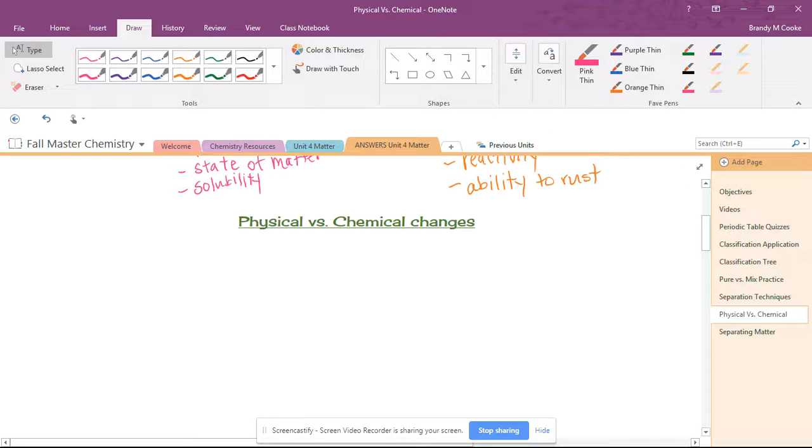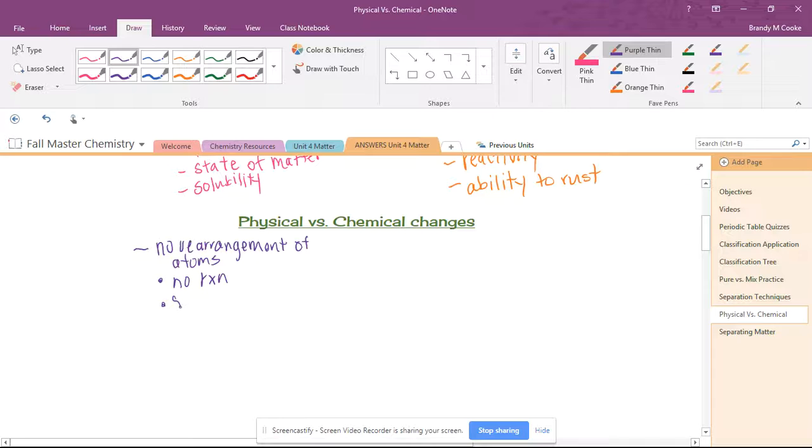A couple rules for physical changes would be that the atoms do not rearrange, meaning there's no chemical reaction. So no rearrangement of atoms, which means there's no reaction.